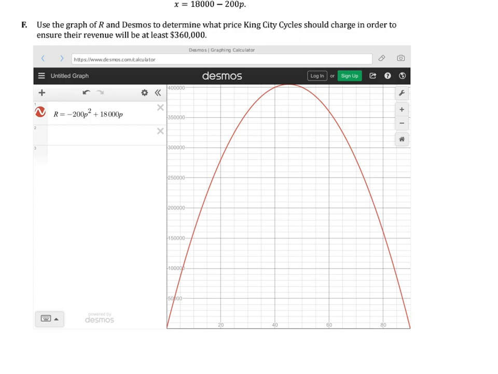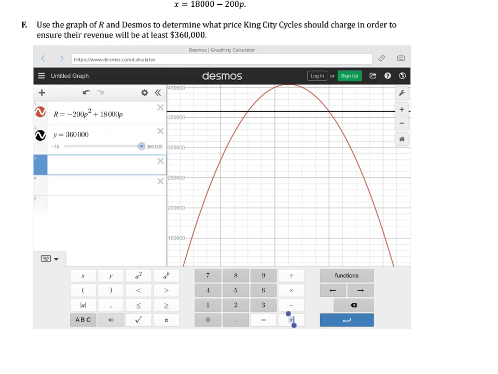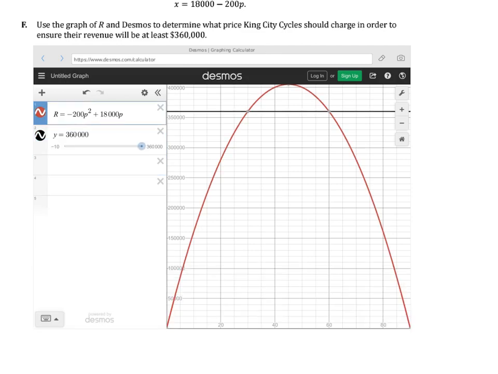Now the question is, how do we ensure that our revenue is going to be at least $360,000? So let's graph y equals 360,000. And now you should see, if you click on the graph, two key values.